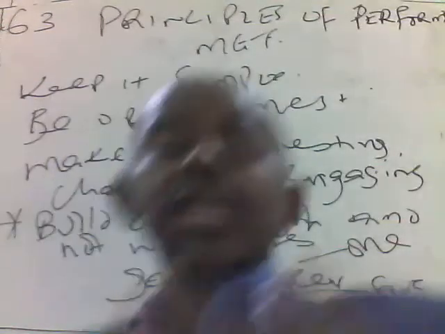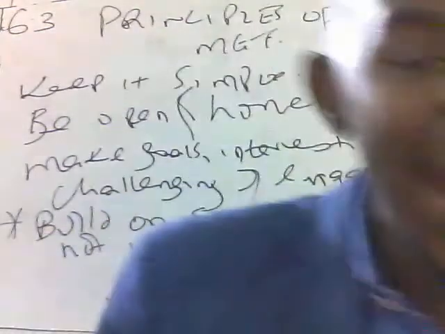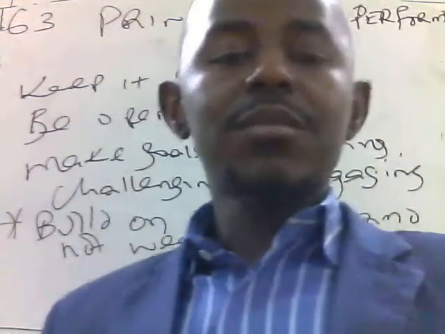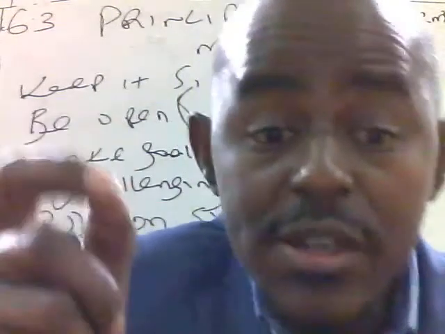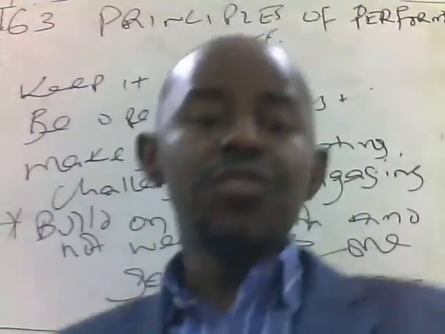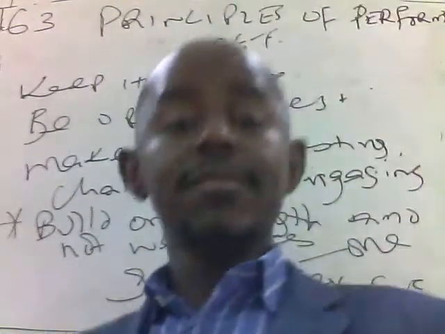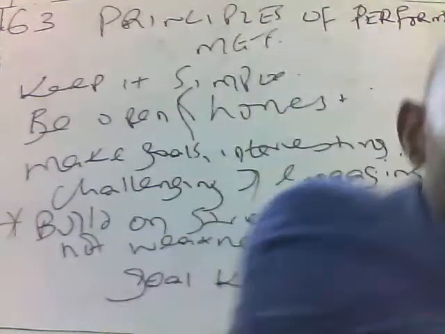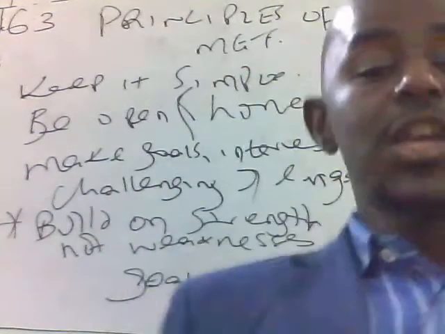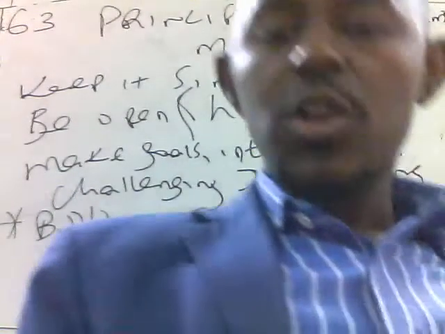You have increased revenues. You have increased your market share. But there was a problem. The cost we only reduced by 10% instead of 15% that we had agreed. So build on what we have achieved. Build on the strength. Don't dwell on the weaknesses.